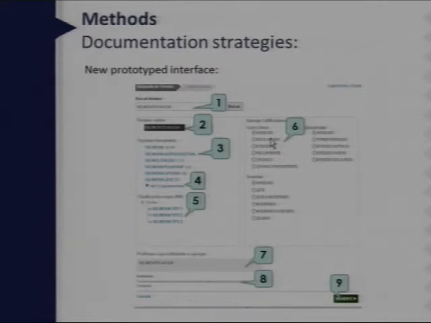So we decided to put some information in the definition to help them decide between hypertension level 1 and hypertension level 2. And then in number 9, you have a button to continue the process.